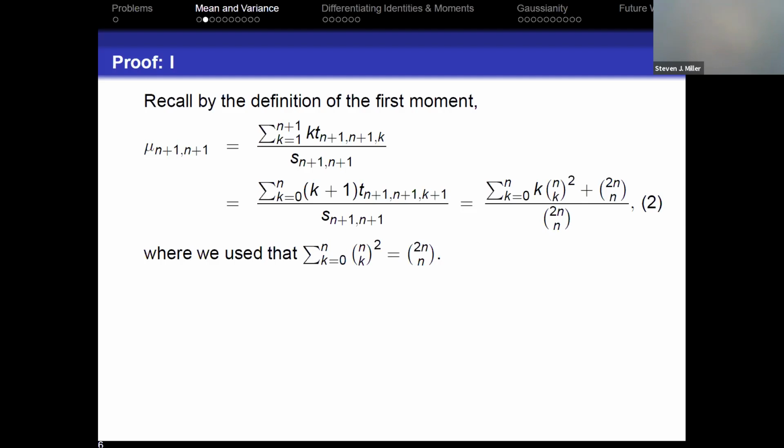So why am I switching from k to k plus 1? Because now you are adding up the sum from k equals 0 to k equals n. Instead of going from 1 to n plus 1, I'm going from 0 to n.